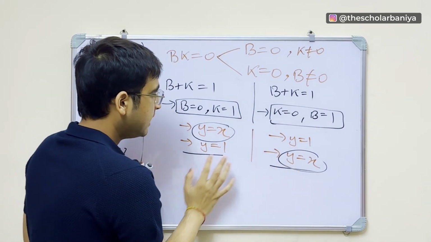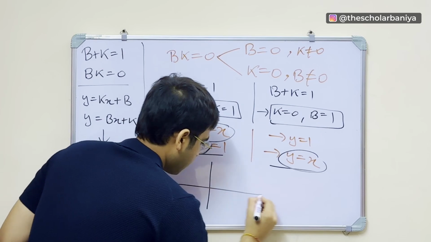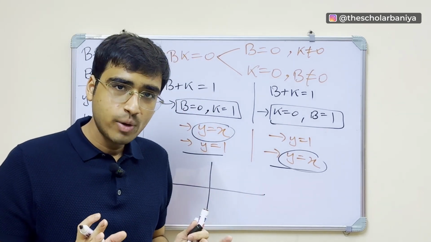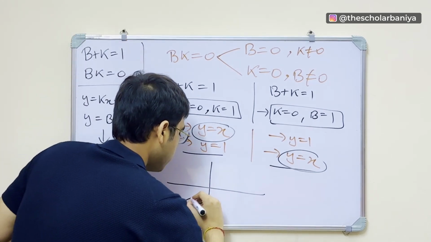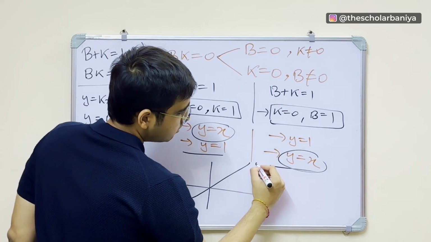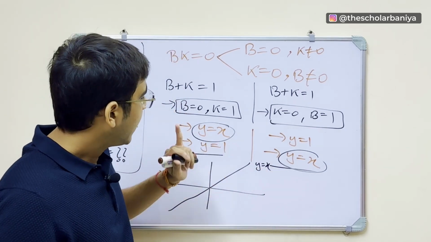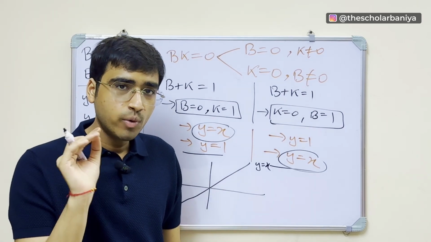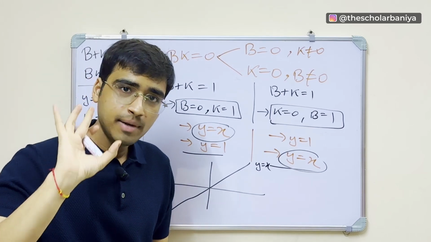So now we have to find the angle. Now tell me one thing, if we draw a graph, what is y is equal to x? y is equal to x is a line which is passing through the origin. So this is y is equal to x. Now tell me one thing, what is y is equal to 1? y is equal to 1 is a line which is parallel to the x-axis because y remains constant.